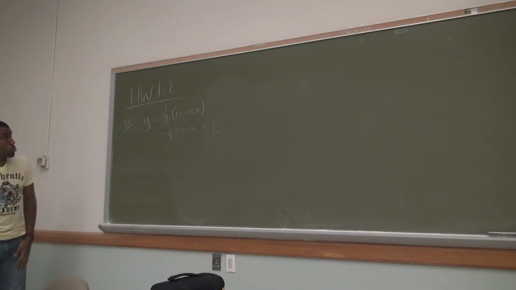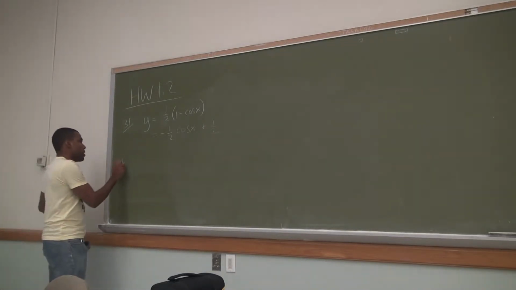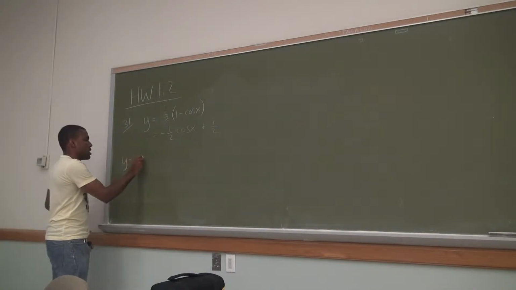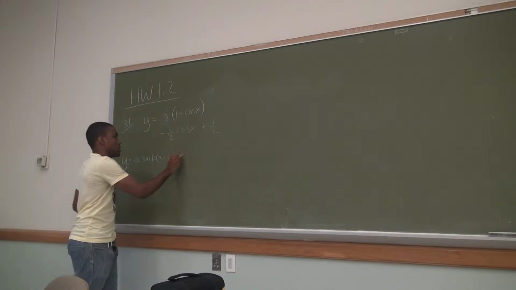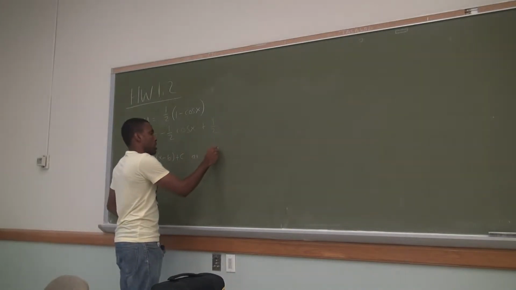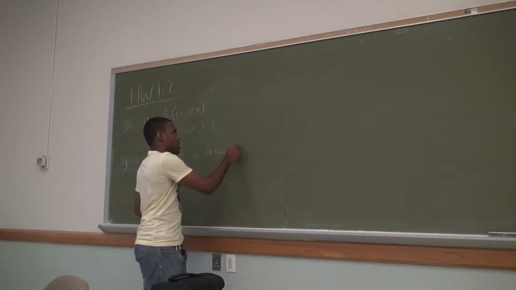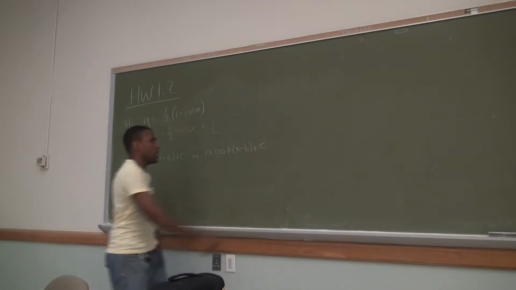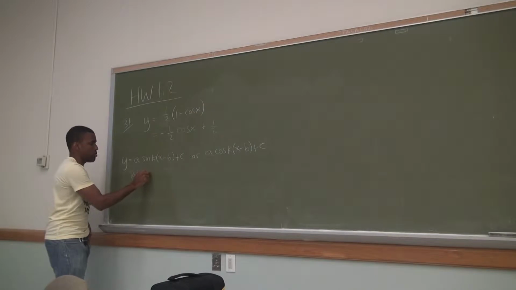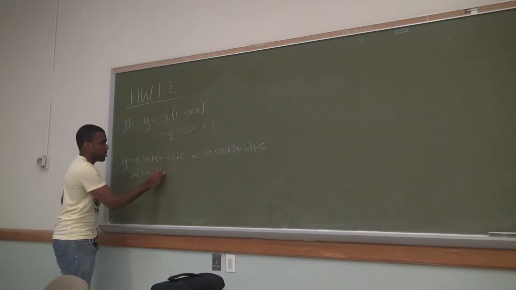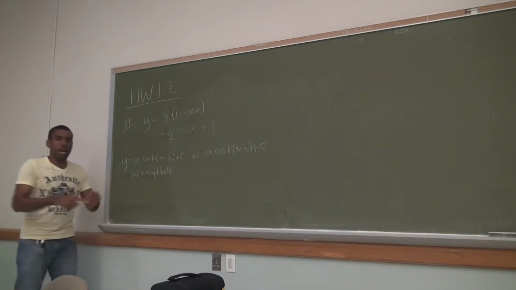So the general rule is, if you have a graph that looks like A sine(kx minus b) plus c or A cosine(kx minus b) plus c, the numbers actually mean something. The absolute value of A is the amplitude. It's how high it goes up.